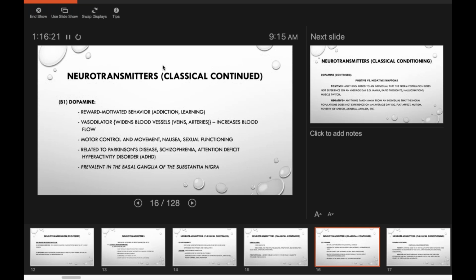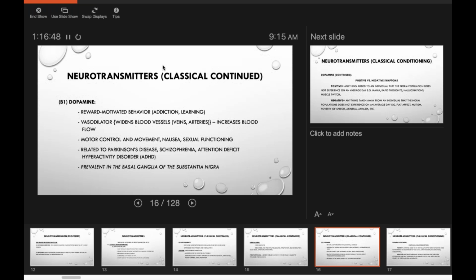So if there are lower levels because of reuptake, and I give a stimulant, the person who is all over the place and energized is going to calm down because now they have the stimulation they need. They don't have to run around and do all of this to kickstart their brain, because that's what they're trying to do.